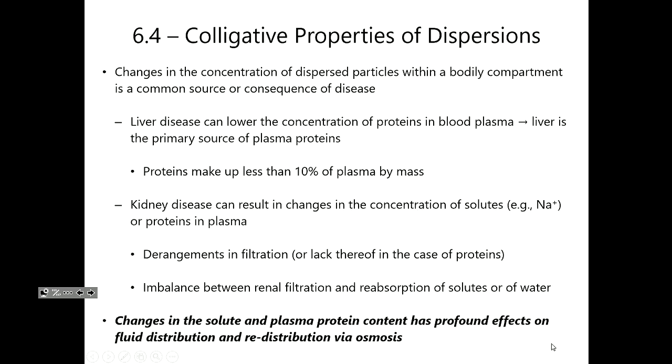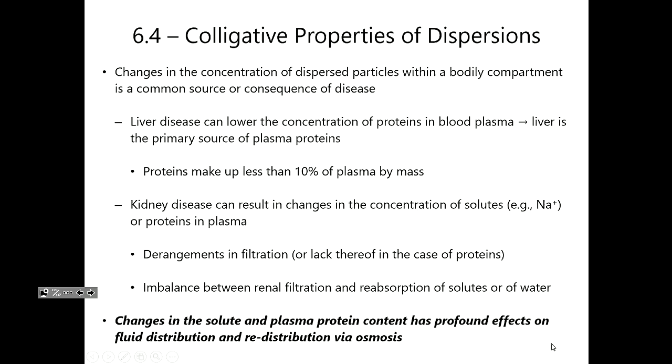The kidney, of course, is the other one. The kidney is responsible for the maintenance of the concentrations of a wide variety of different solutes that exist in your bodily fluids, particularly sodium. You can also have issues with kidney disease in which protein is being lost in the urine. Normally proteins are too big to be filtered by the renal glomeruli, but when there's kidney disease, they can become leaky.